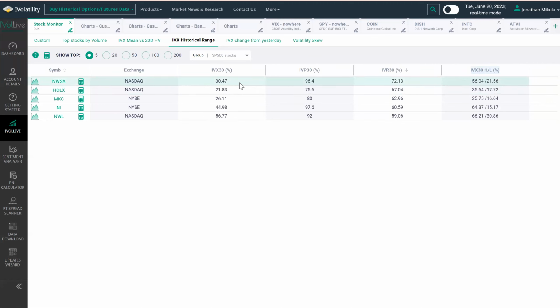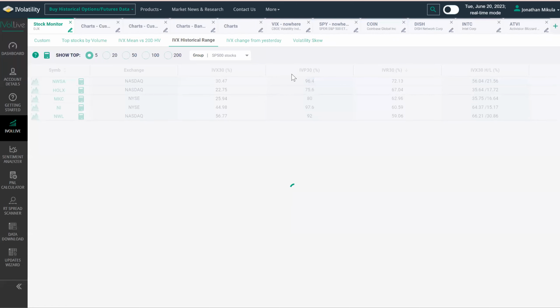But is that low? Is that high? You have to always put that in context. And that's what this screen does for me, it puts all of that in context. So I can tell, well, look, this current reading for NWSA is significantly high. The closer to 100 these numbers are, the more significant they tend to be. And so this is another screen that I'll run if I'm looking for trading ideas.